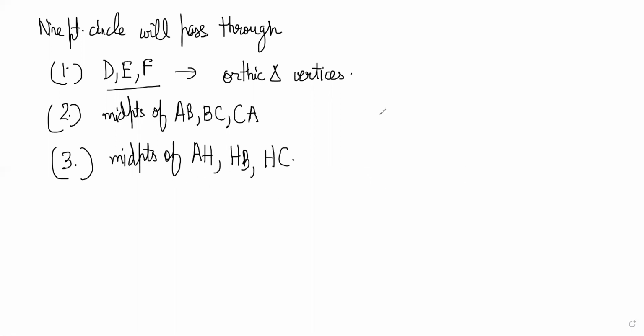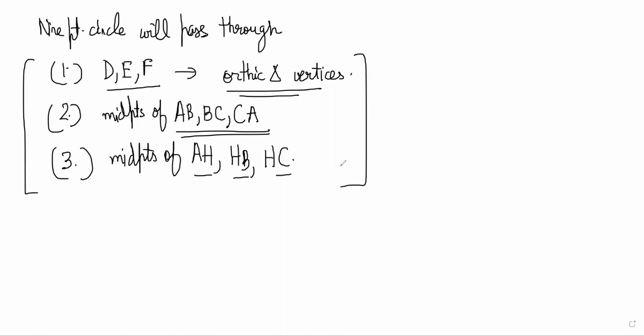So basically, when you draw the altitudes, there were three lines which were connecting the orthocenter to the vertices, right? So those lines also are being bisected by this 9-point circle. It passes through the midpoints of the sides, passes through the vertices of the orthic triangle, and also the midpoints of those 2r cos A, 2r cos B lines, right? That circle is called 9-point circle, and the center of that circle is called 9-point center, and that 9-point center is at the midpoint of OC.